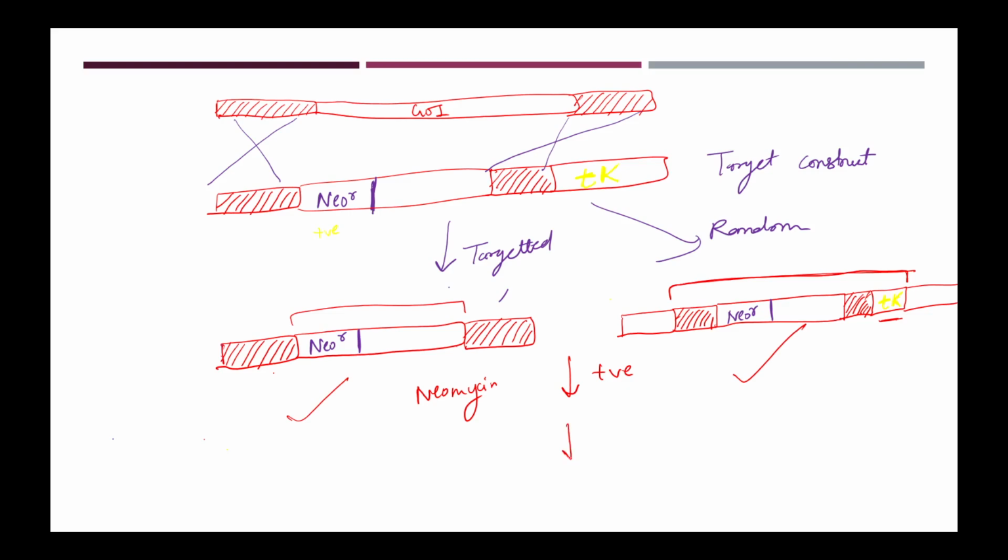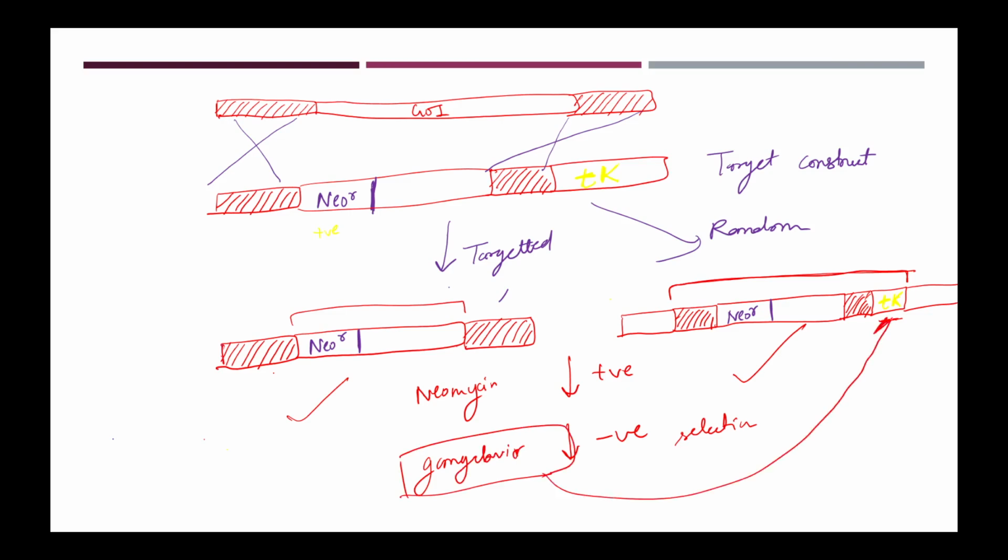Then you will provide a negative selection. In negative selection, you will give a drug which is ganciclovir. When this drug is given, the thymidine kinase phosphorylates it, which makes further toxic intermediates.